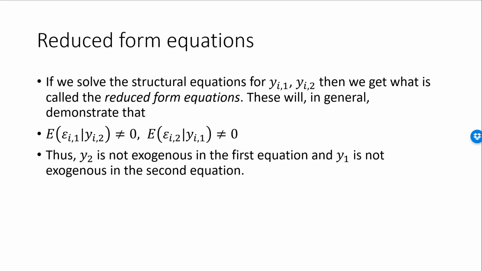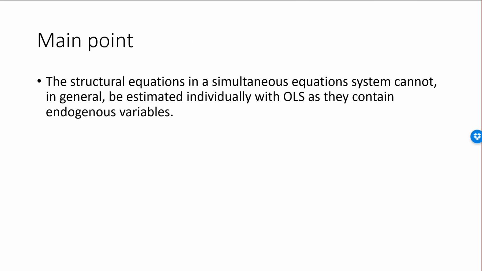So here's the main point then of this lecture. The structural equations in a simultaneous equation system cannot in general be estimated individually with OLS. If you have a system of equations, you cannot just simply pull out one of them and estimate that one using OLS.